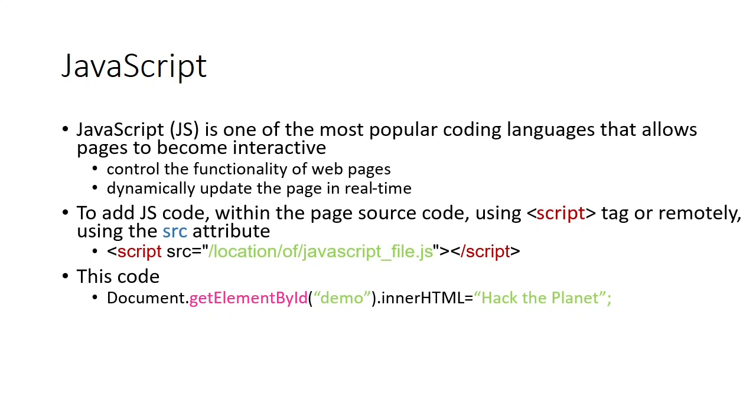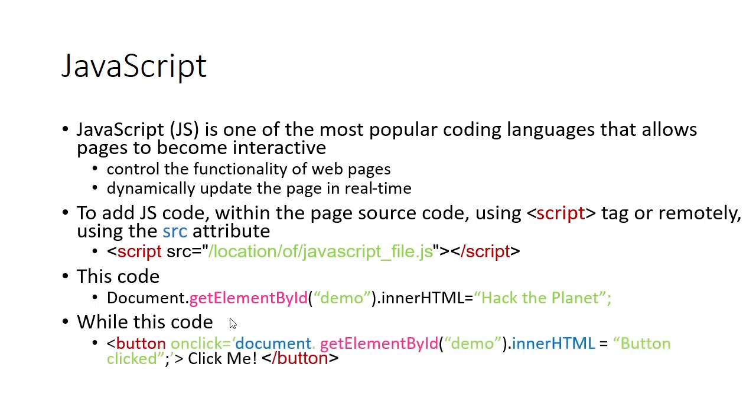And if we look at this code, it's a button element, and on click, so when the on click event occurs, the element that has an ID demo changes to button clicked, and on the button you see the click me written before.